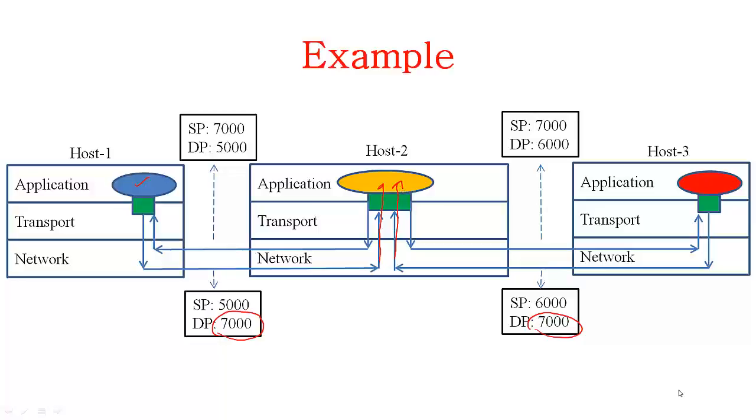However, this application process knows to send replies to different hosts because the source port information is different. Here it is 5000 and here it is 6000. Even if they were identical, it knows based on the source IP address where to redirect the reply to the correct destination host.